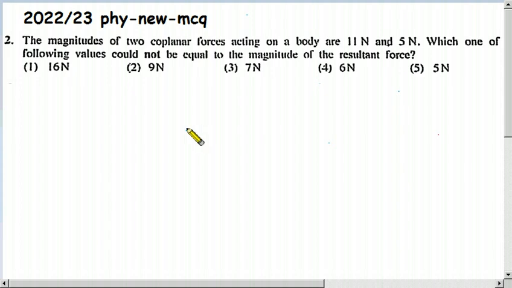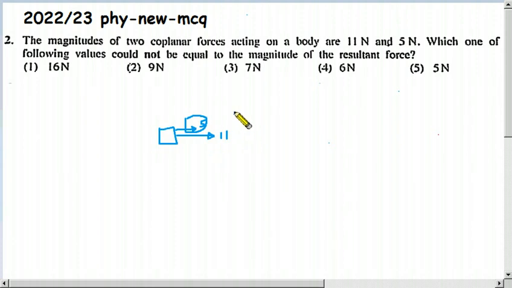So children, there is a theory regarding this question. 11 Newton and 5 Newton are the forces we have been given. The smallest one between these two forces is 5 Newton.